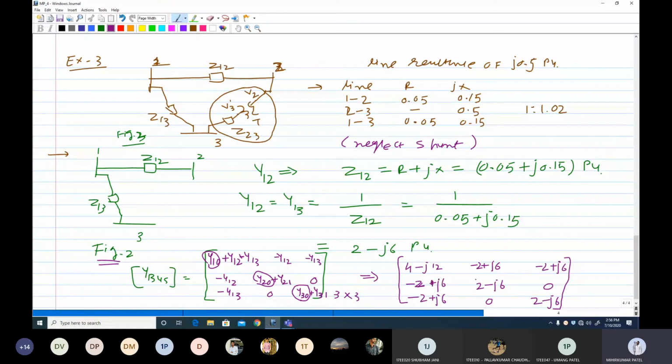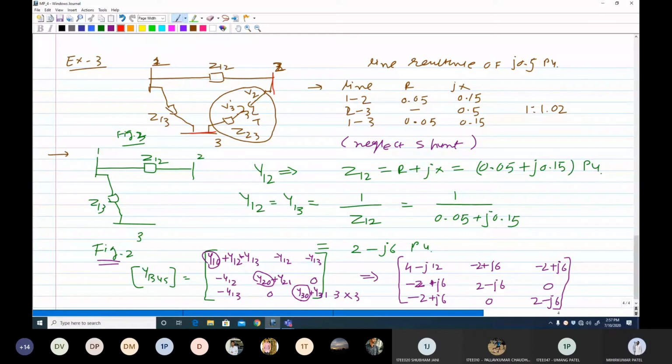Then what are the elements which will be affected after we introduce this transformer between bus number 2 and 3?